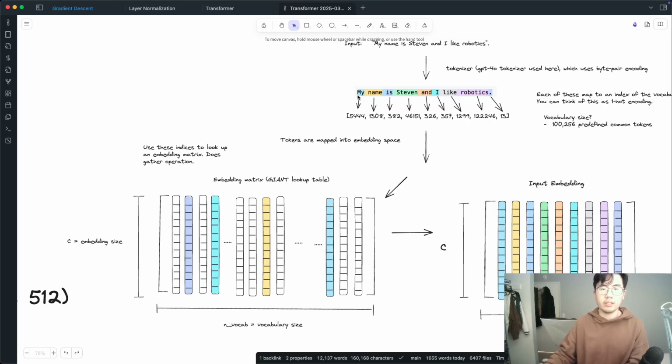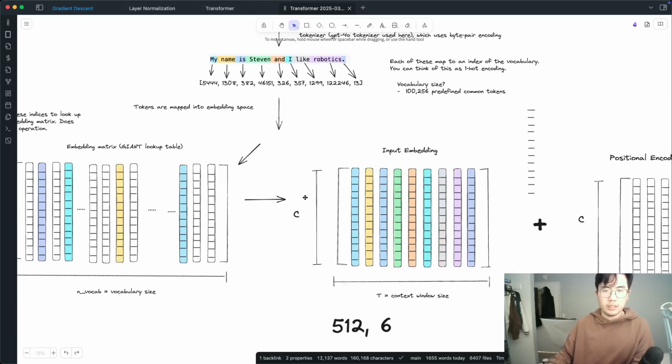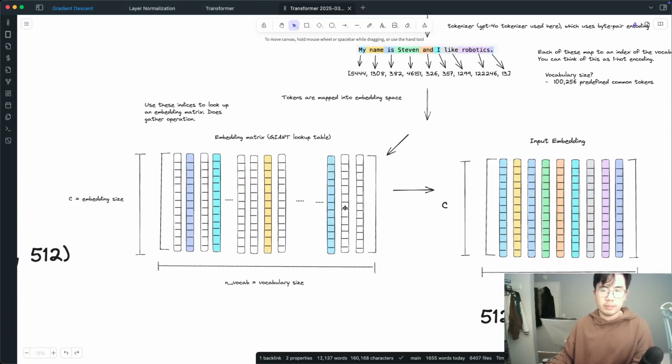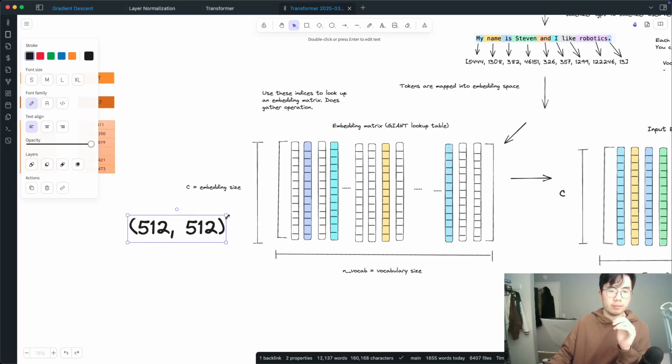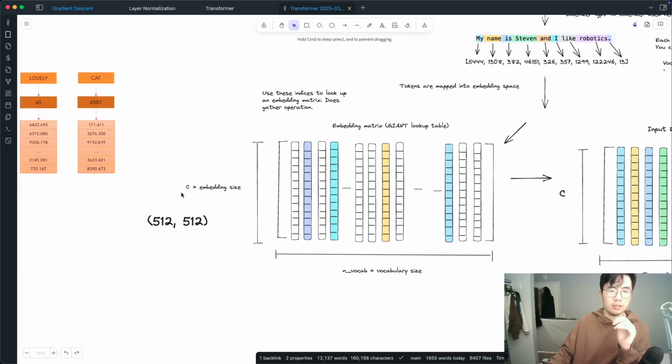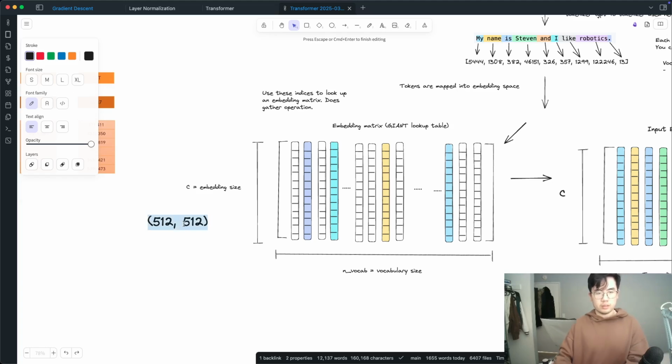You can imagine the network could learn with 100,000 by your context window size, instead of it being by C. But now it's way too high dimensional. So let's say it's 512 here. So C and vocab here.